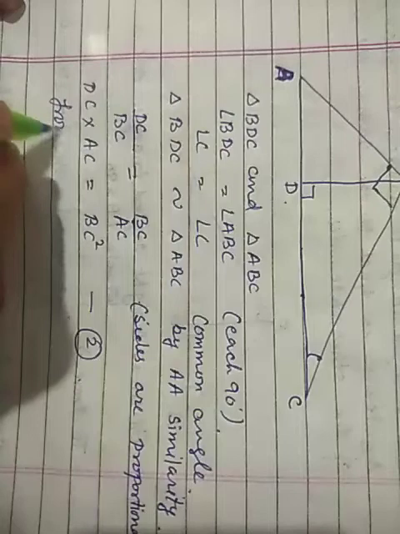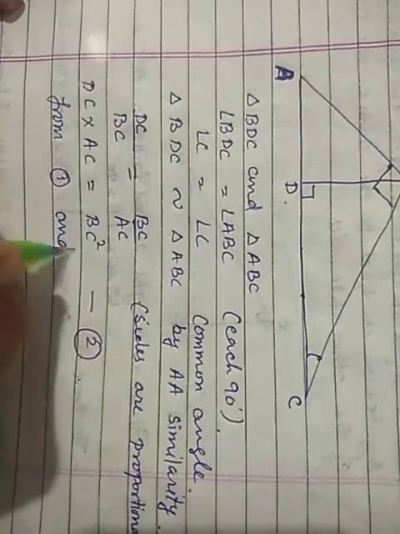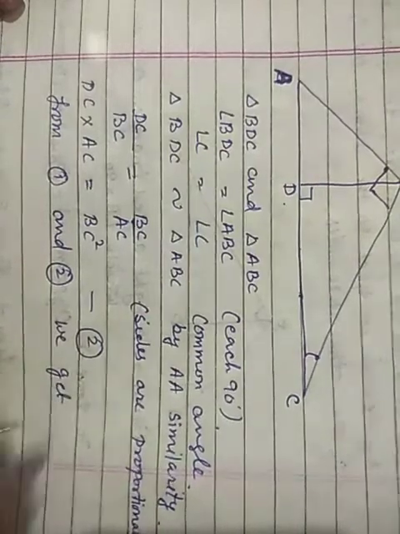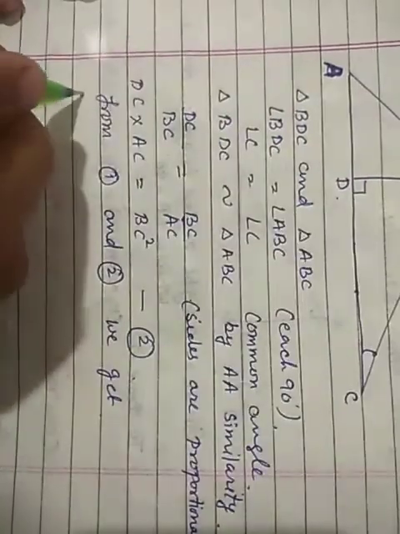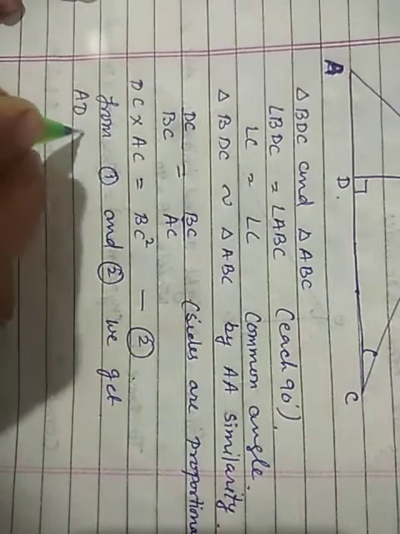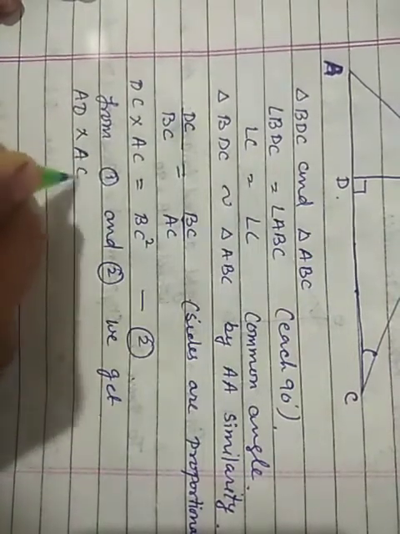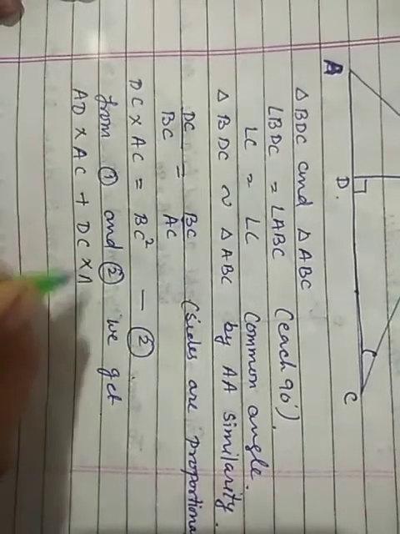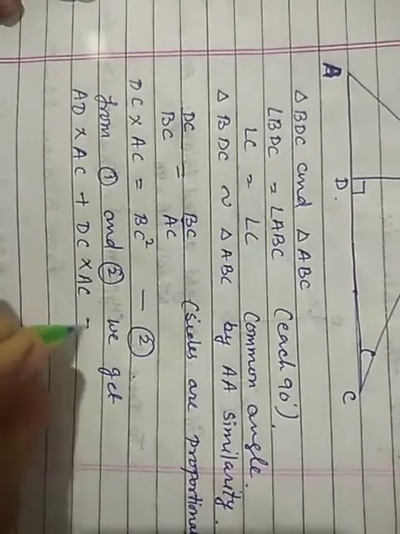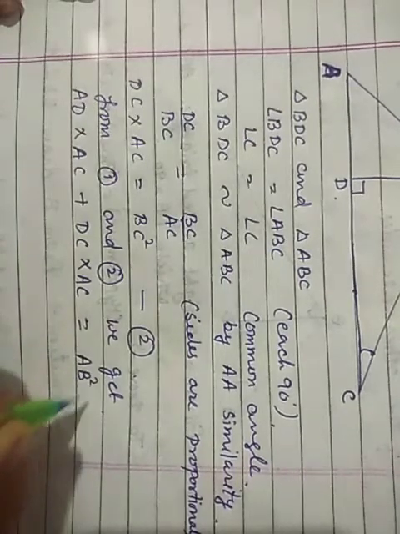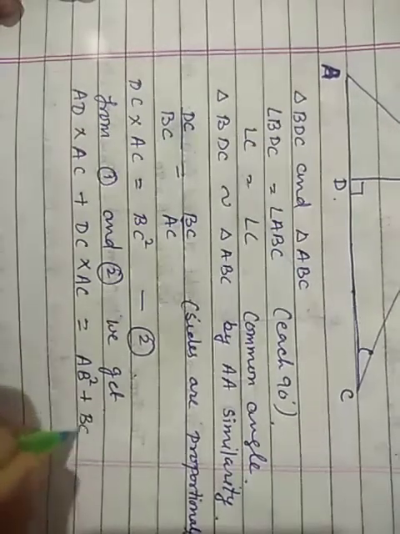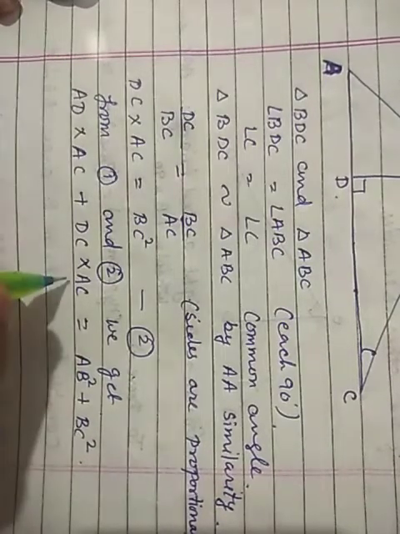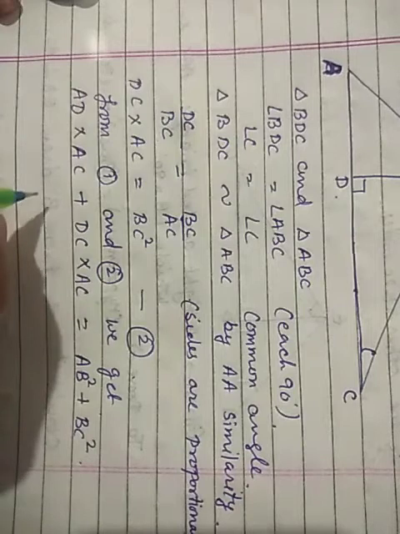From equation 1 and 2 we get AD into AC plus DC into AC is equal to AB square plus BC square. From here you can see that we can take AC common.